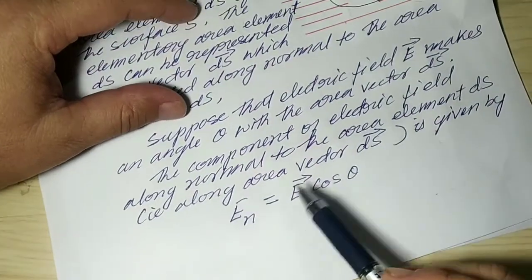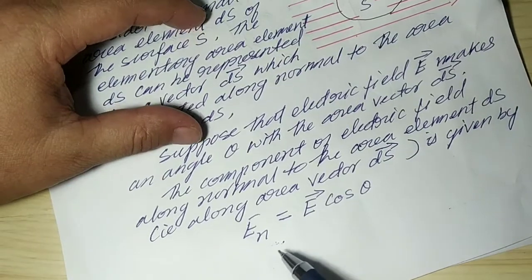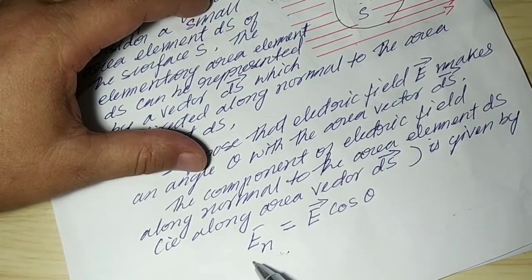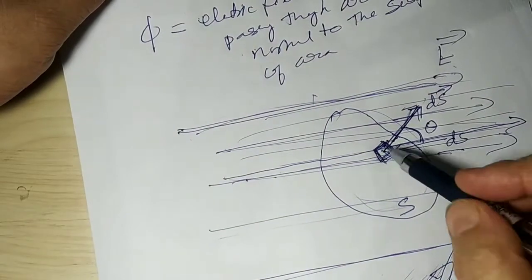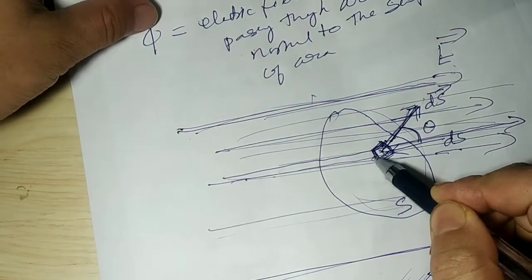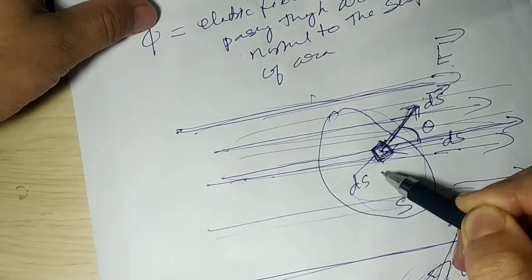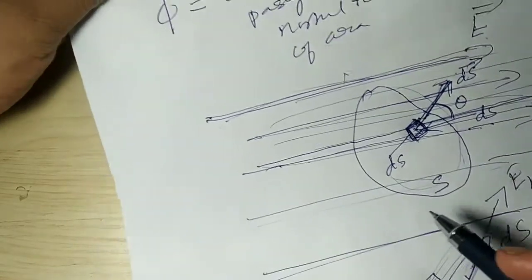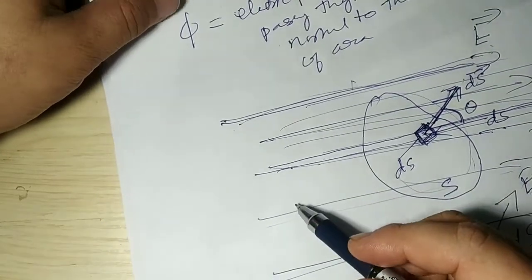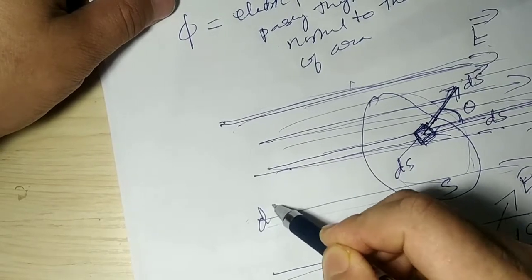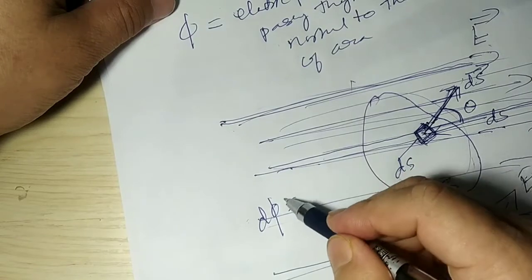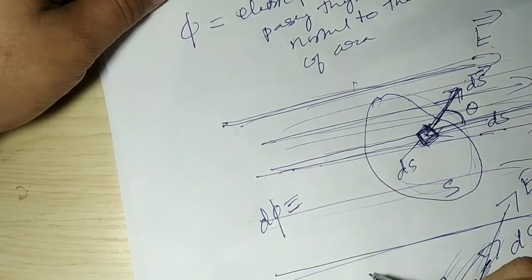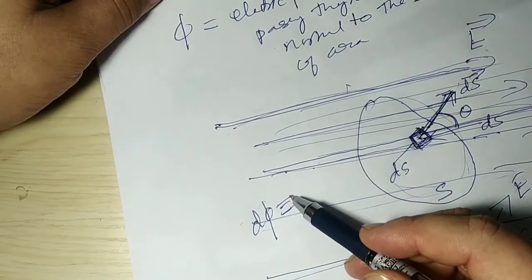So the electric field which passes normal to the surface is this one. Here we are taking this small area element, ds, so we will get a small electric flux.